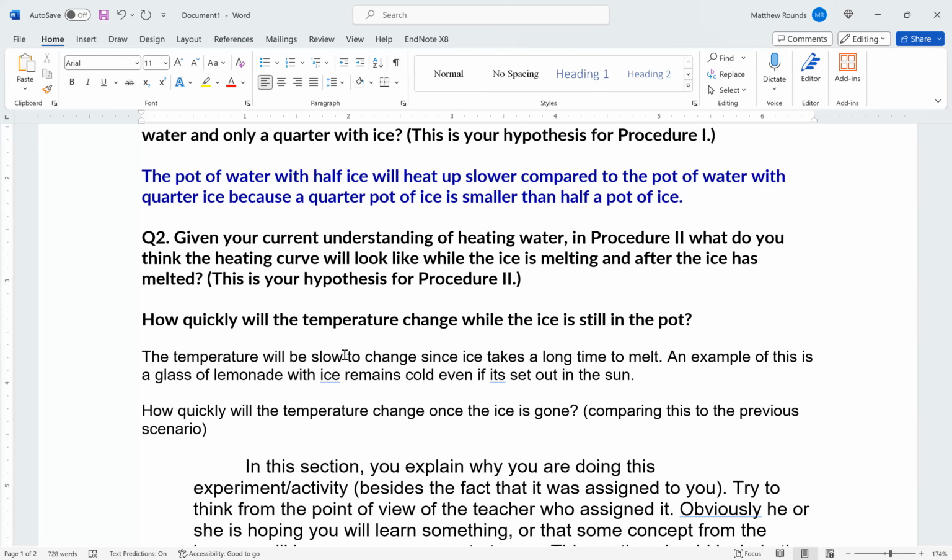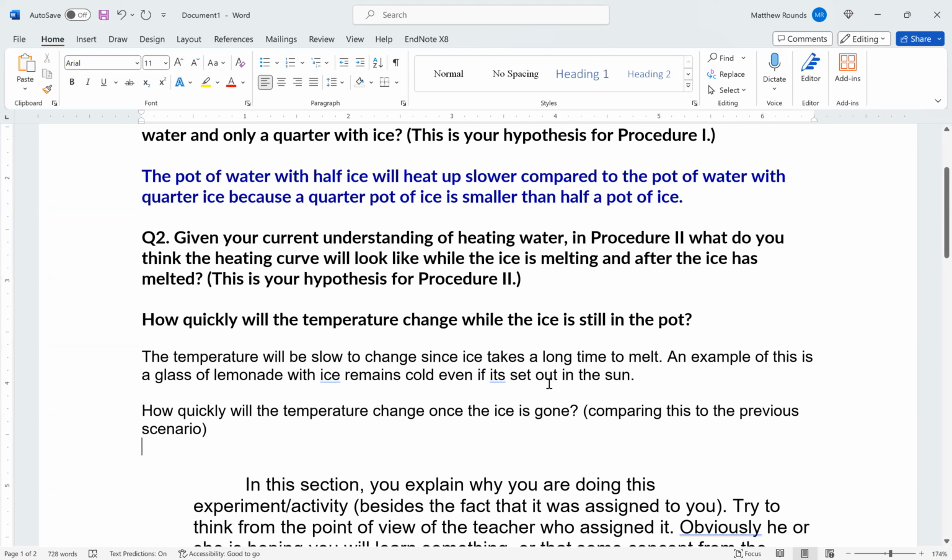No, wait, it will go up faster because you're also heating it. Well, you're heating it in both situations, but it will go up faster. Yes. So I want a sentence that compares it to the previous one, something like, it's going to be faster than with ice.